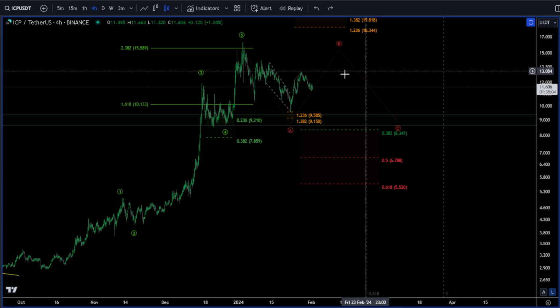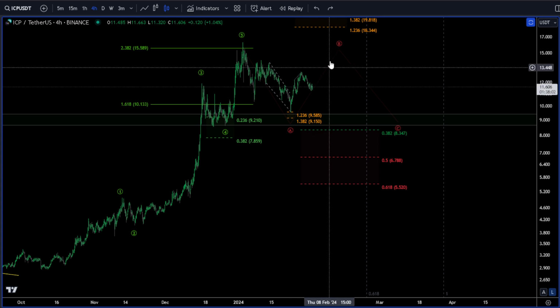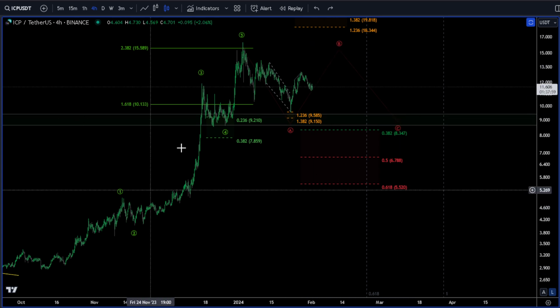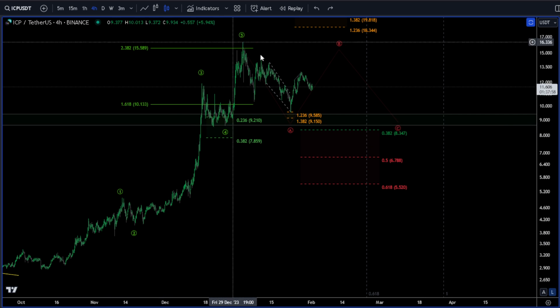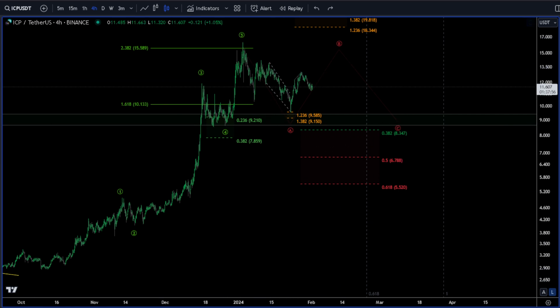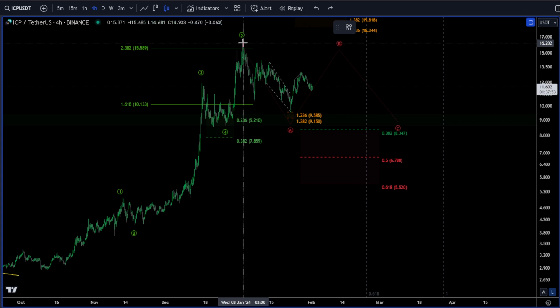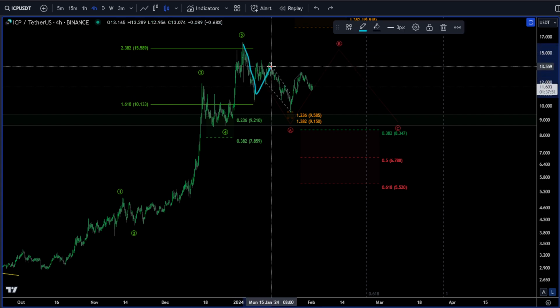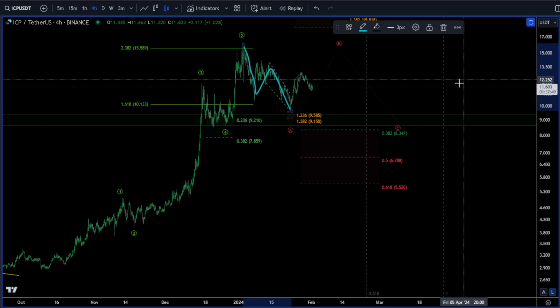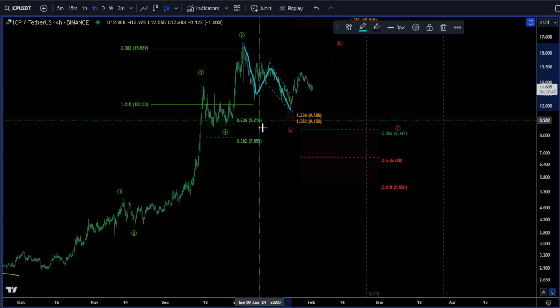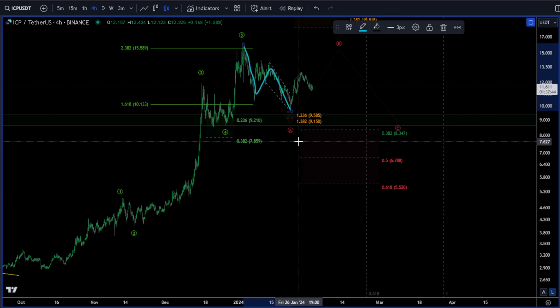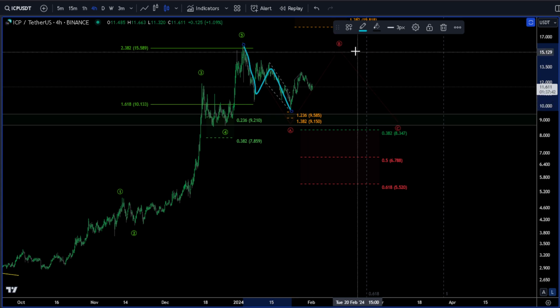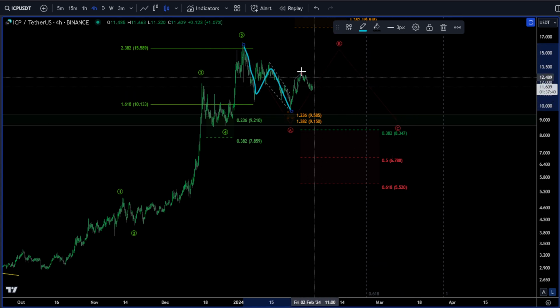Now, to keep this market bullish, I would like to see a flat pattern here for our larger wave 2. This would all be a wave 1 and a 2. What makes this difficult to track is we started with a 3-wave move for our A wave. So in this area, we can make many different patterns, including triangles, flats, running flats, expanded flats.